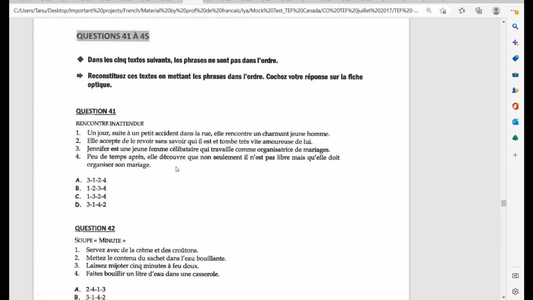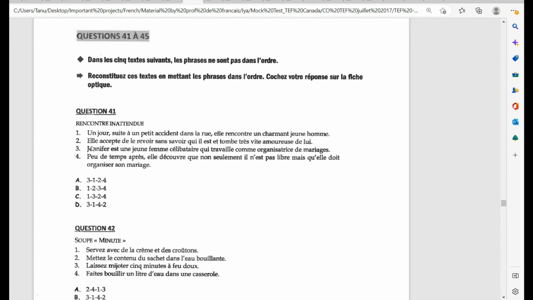Alright, so in part 2 of section C, we have 4 sentences and we have to rearrange them in a meaningful way. So my approach is first read through all 4 sentences and try to understand their meaning. Then the second strategy would be to pay close attention to nouns and pronouns. So for instance, if here we are saying Elle accepte, that means before this statement, we should mention the name of the person that we are talking about, which is Jennifer.